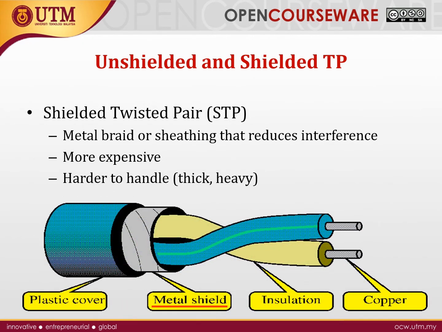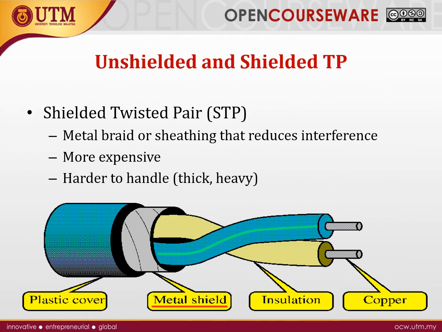On the other hand, we have the shielded twisted pair, STP, which consists of a metal braid, and it's more expensive, and it's hard to handle. It's very thick and heavy. If you look at the picture and compare this shielded one with the unshielded, there are some differences, such as the heavier weight of this kind of twisted pair.